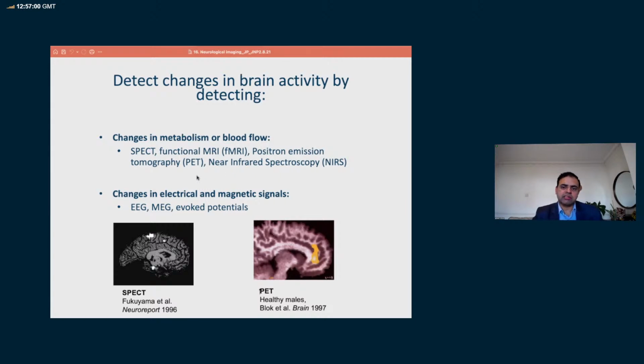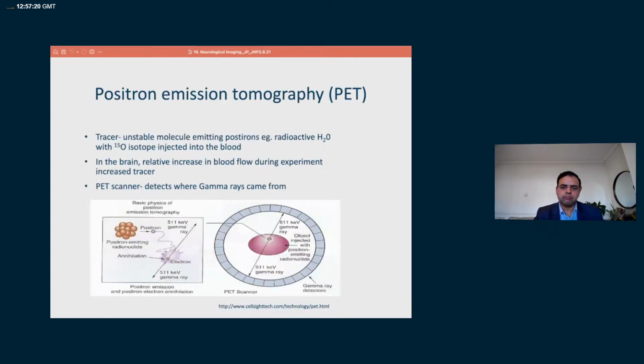Or to detect changes in brain activity, you could look at changes in electrical activity and magnetic signals, so either EEGs or magnetoencephalography, MEGs, or even the evoked potentials that you heard earlier, which is a form of imaging, but looking at electrical signals rather than changes in blood flow or metabolism. We focus on just imaging, either PET or fMRI, today.